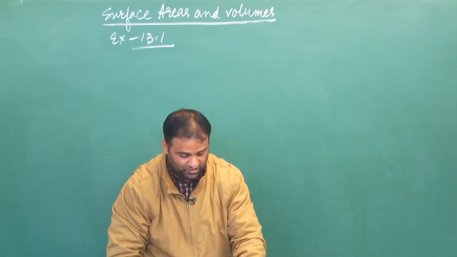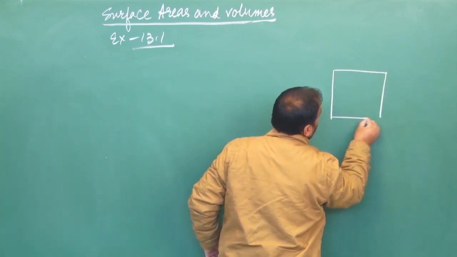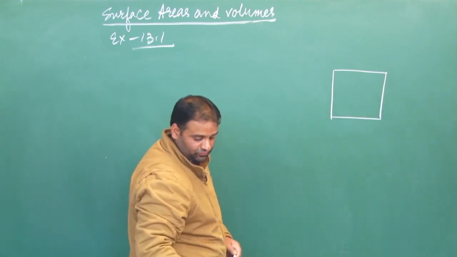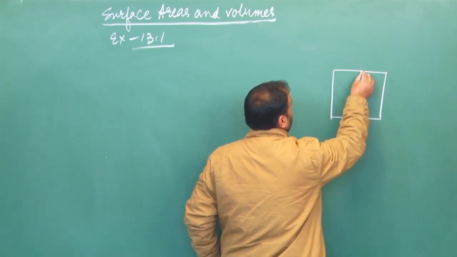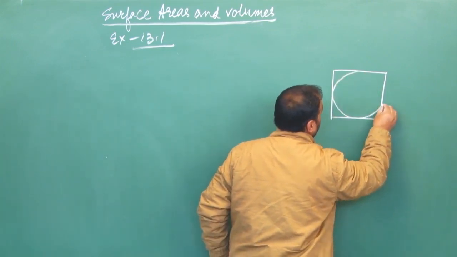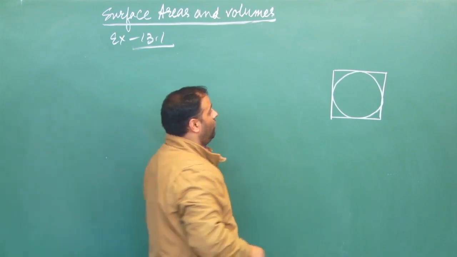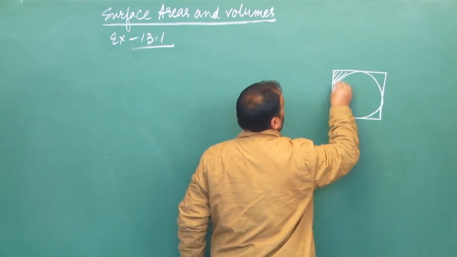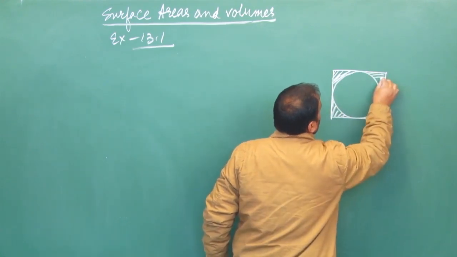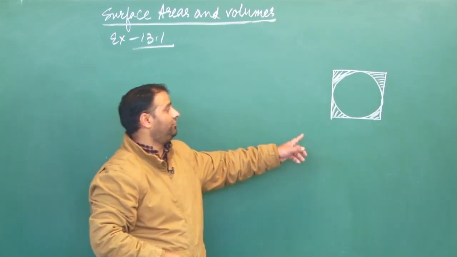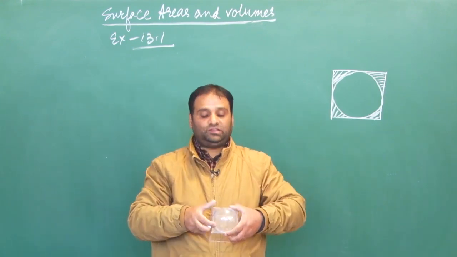So this solid exactly looks like this. If we draw the sixth face on the blackboard, it is the top view of that solid, and this is the circular base that gets covered under the hemisphere. Only this portion is exposed. Now, how can you get the area of the shaded region?